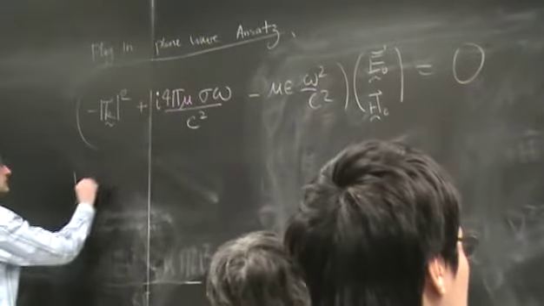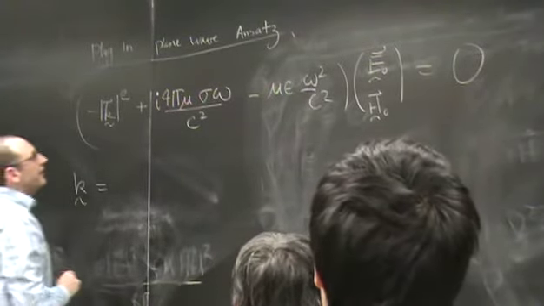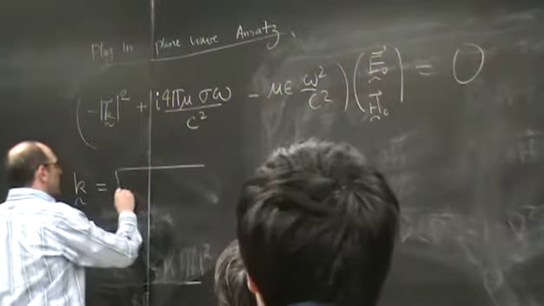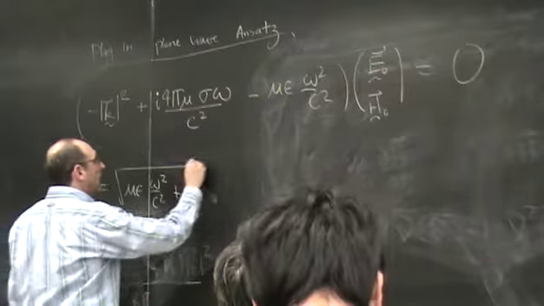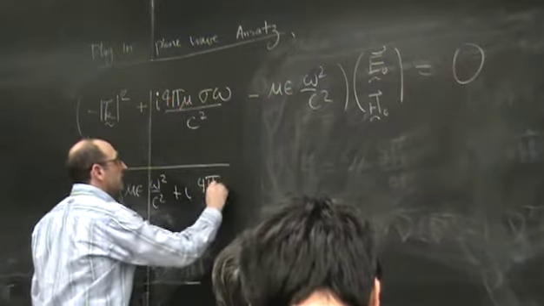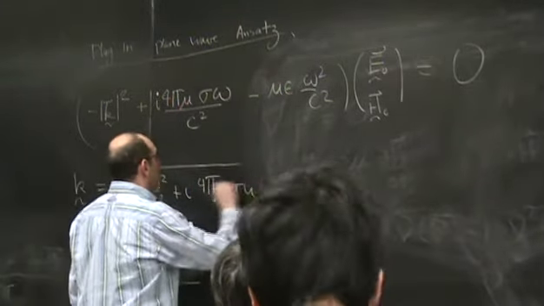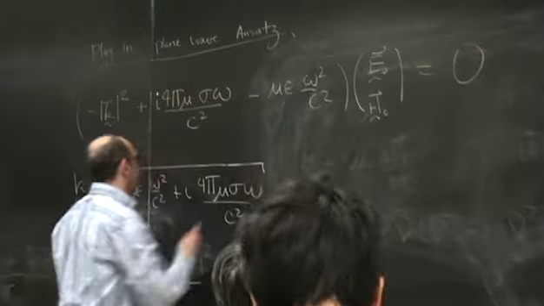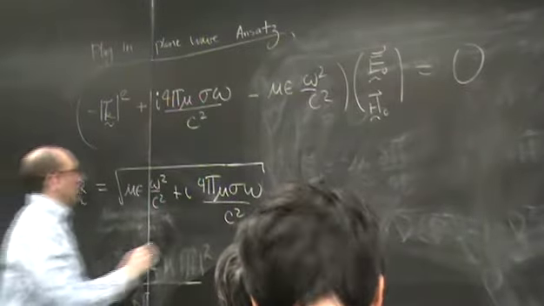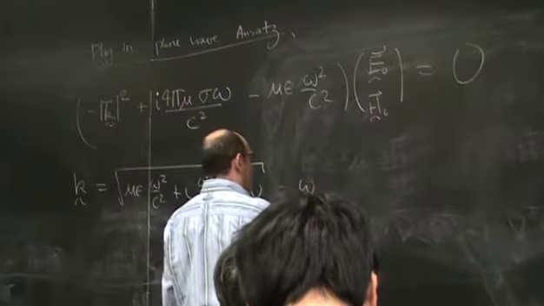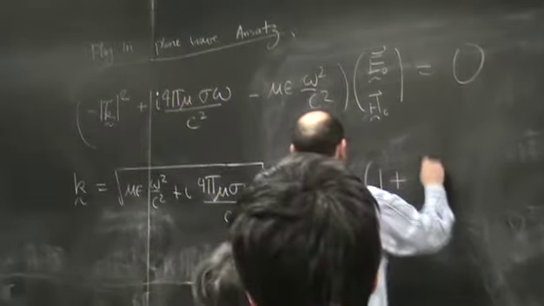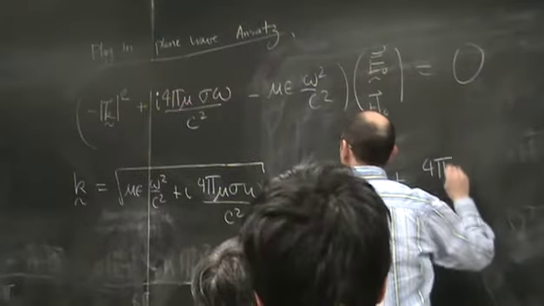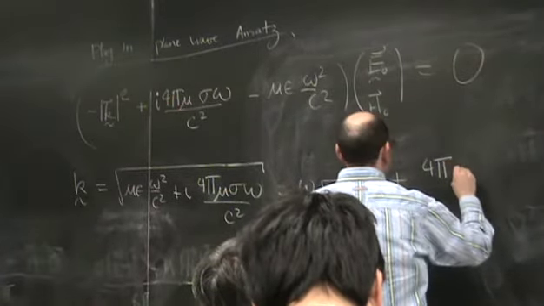Particularly the magnitude of k, solving for this, is the square root of mu epsilon omega squared over c squared, times 1 plus 4 pi sigma over epsilon omega times i.